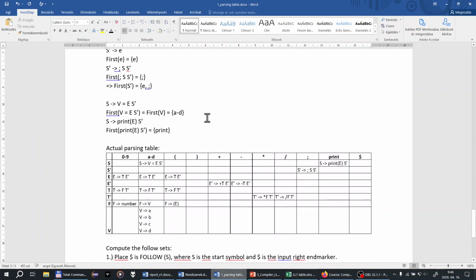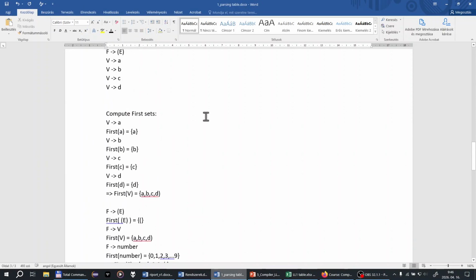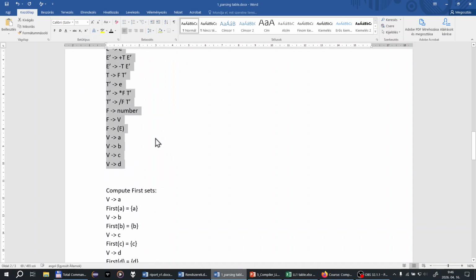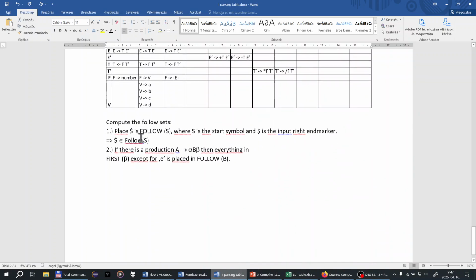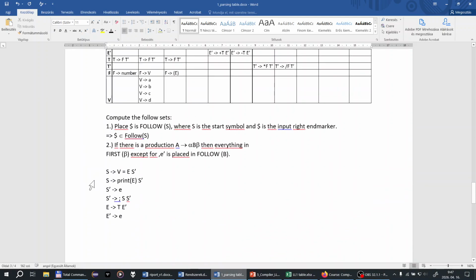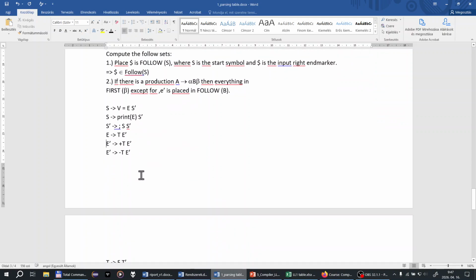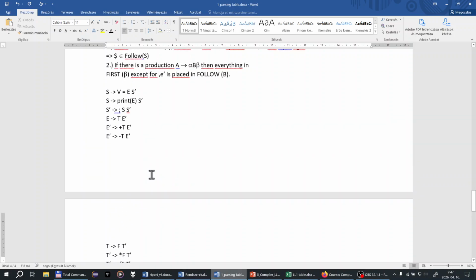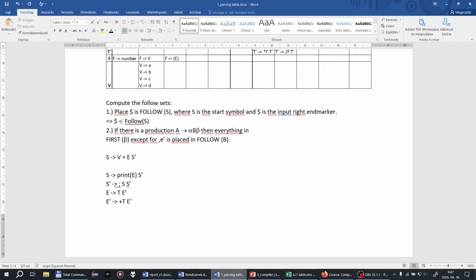Okay, let's see such rules. So go through all the rules here. There we have a non-terminal followed by something else. I eliminate those where we do not have any non-terminal. Okay, these are the rules. So for example, here we have E in the middle.